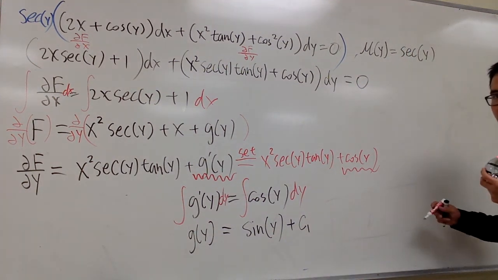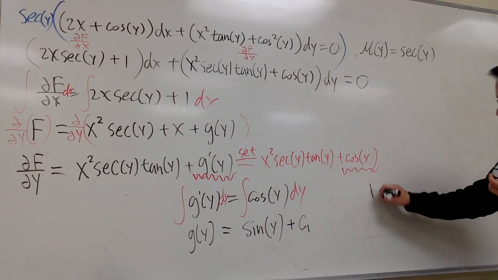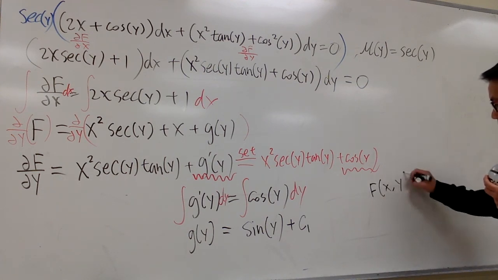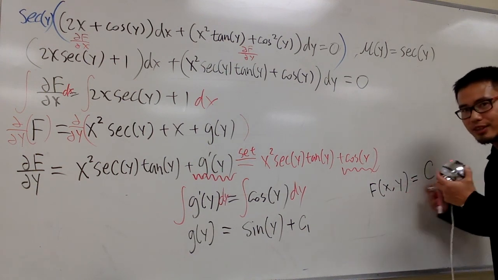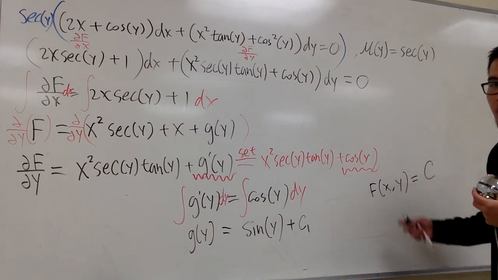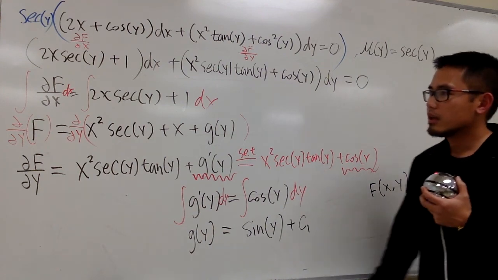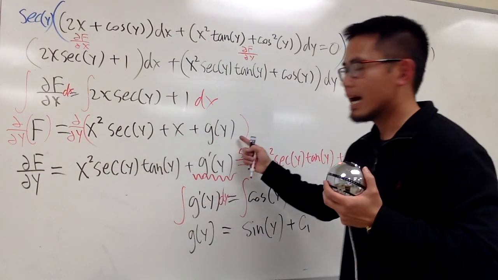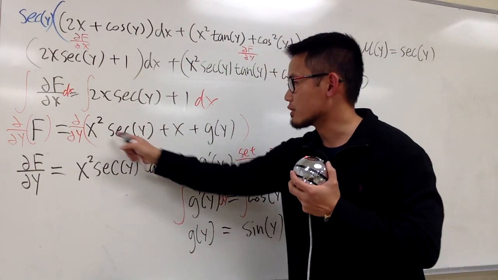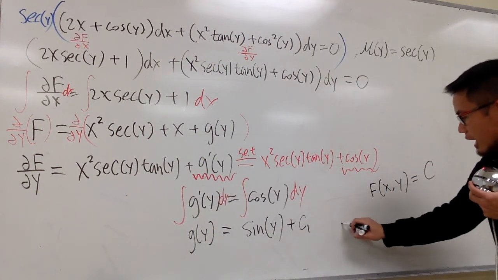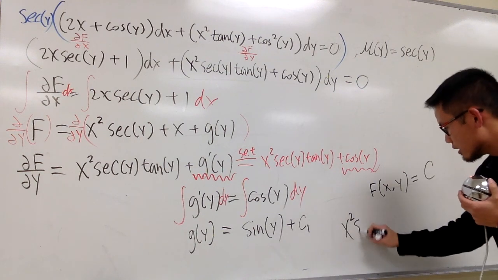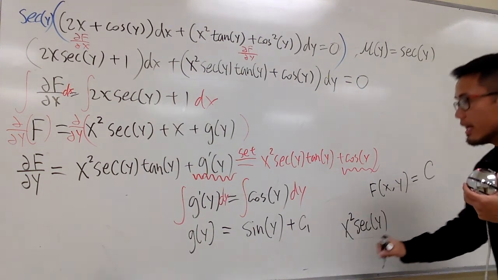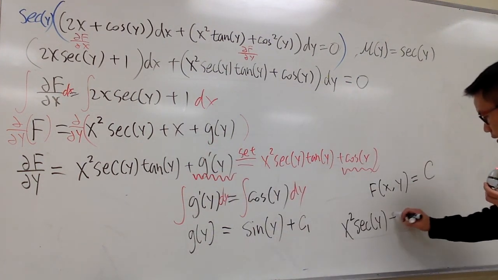At the end, for the final answer, we usually write it down as f of x y equals to the constant. So I will put down all the constant on the right-hand side. Let's put down the function part on the left-hand side. F is all that. So we know this is the first part. So let me write it down. We have x squared secant y, and then plus x.